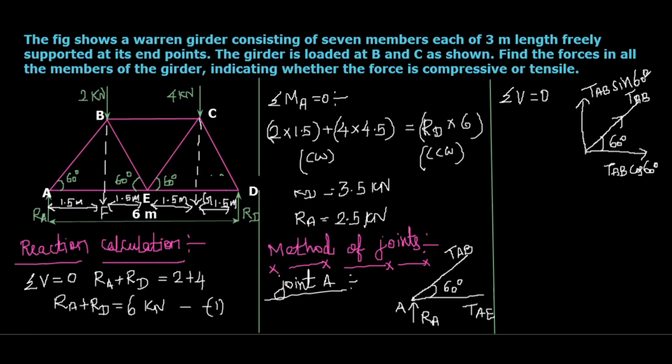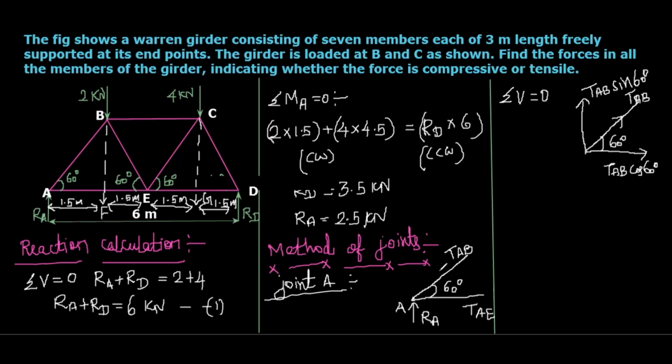But RA should be counterbalanced by the vertical component of the inclined force TAB. RA is an upward force, and to compensate an upward force we need a downward force.